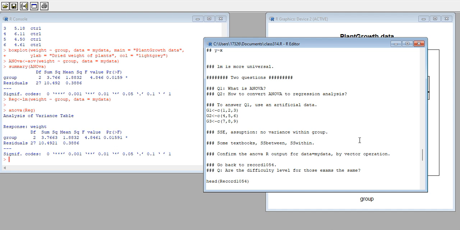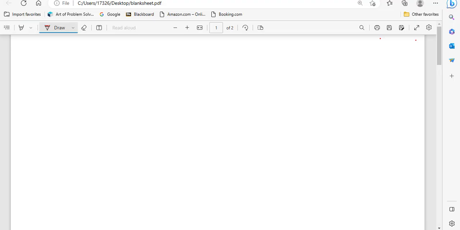What is ANOVA? For this problem, let's check this very simple artificial data. So we check ANOVA.